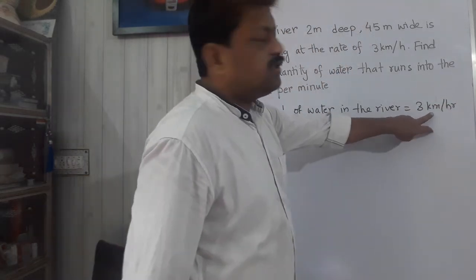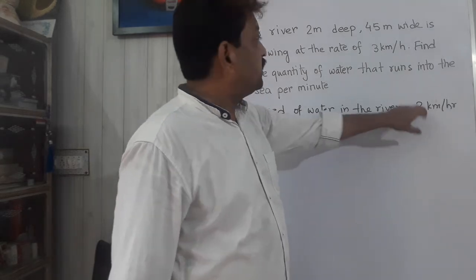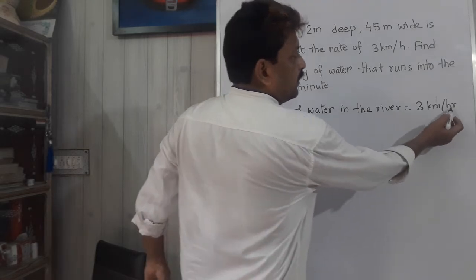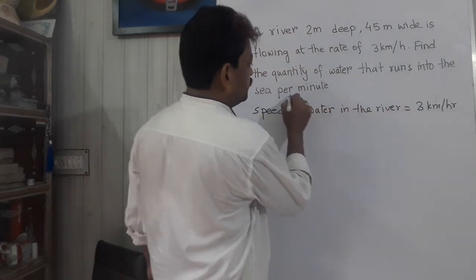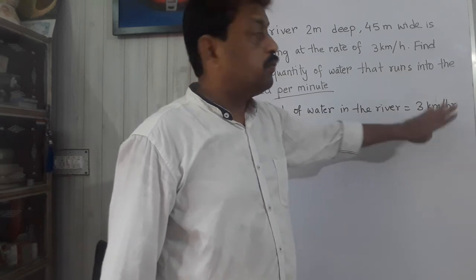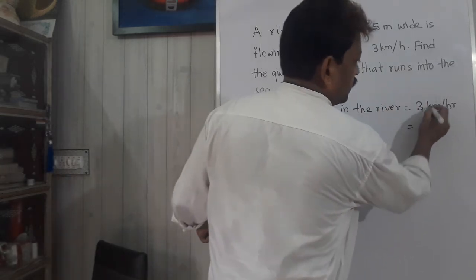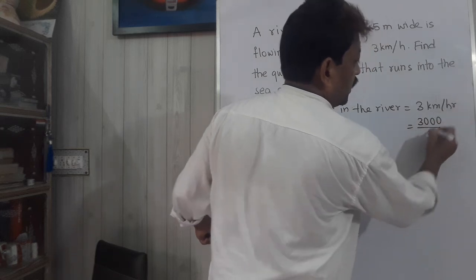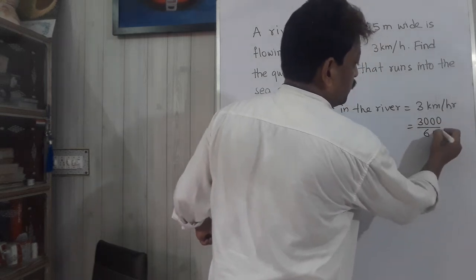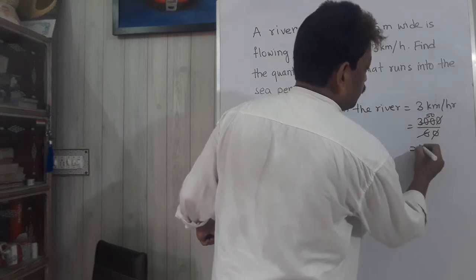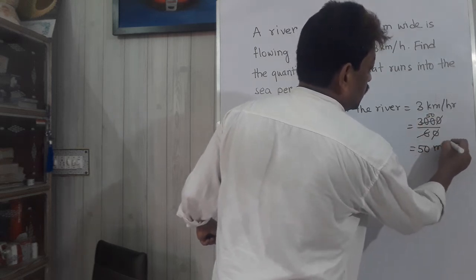Now this is to be converted into meter because all other units are given in meter, and time required is per minute. So let me change this hour into minute. So it will be 3 km means 3000 meter, and 1 hour means 60 minutes. So these are cancelled. 50. So it is 50 meter per minute.